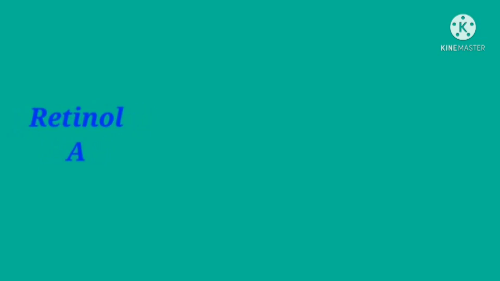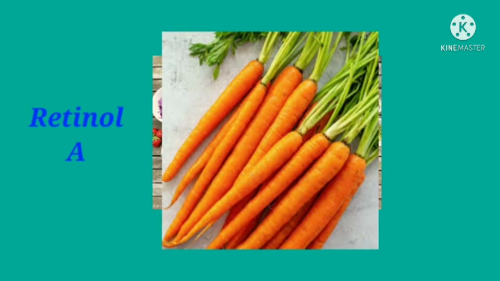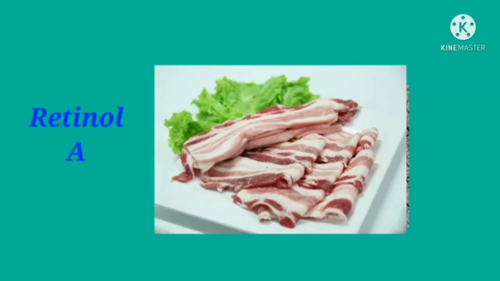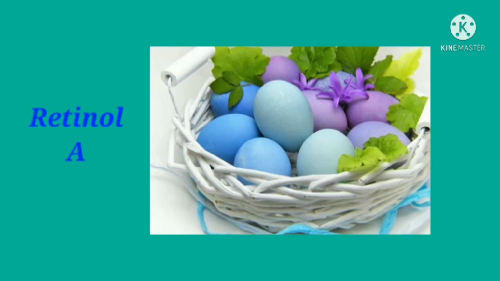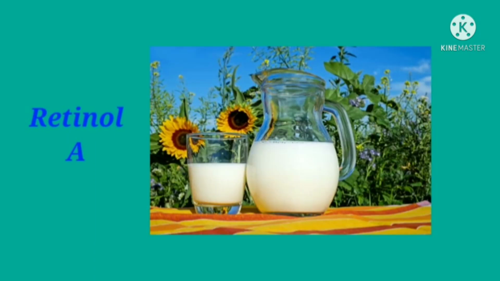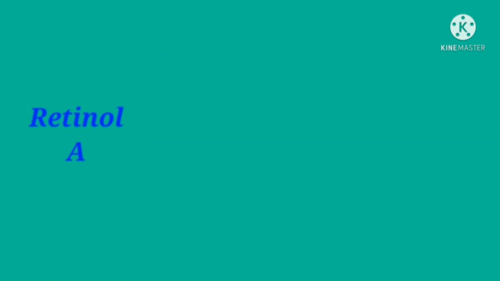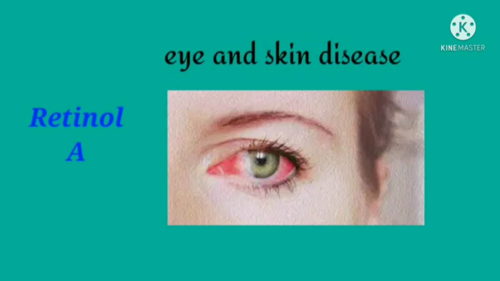Retinol. This vitamin is found in leafy vegetables, carrot, fruits, meat, fish, eggs, milk, cod liver oil, etc. The absence of vitamin A causes eye and skin diseases.